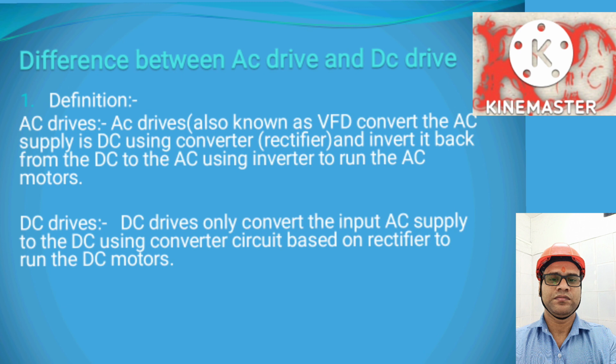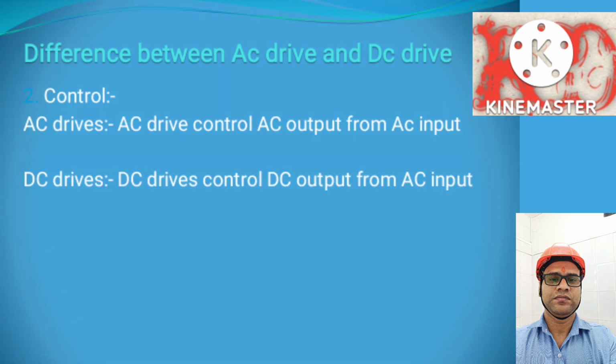DC drives only convert the input AC supply to DC using a converter circuit based on the rectifier to run the DC motors. Second, control. AC drives control AC output from AC input, whereas DC drives control DC output from AC input.